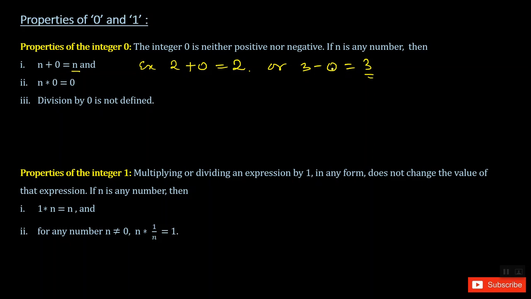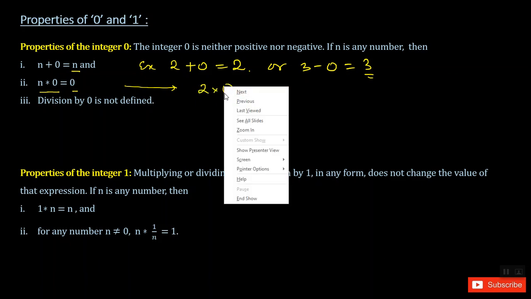Okay, next, any number multiplied by 0, the result is always 0, irrespective of whether that number is a decimal, fraction, negative or positive. Irrespective of that, any number multiplied by 0 always turns out to be 0. Example, I can say 2 multiplied by 0.